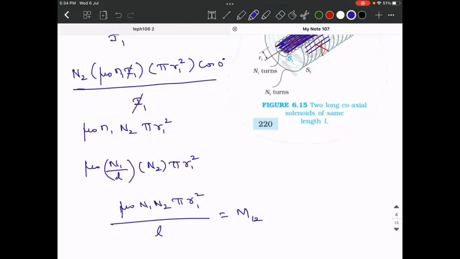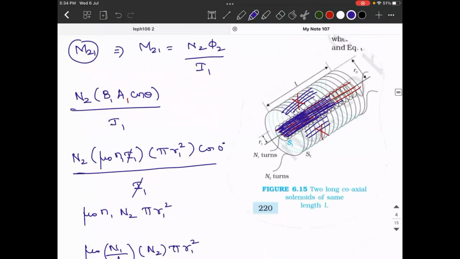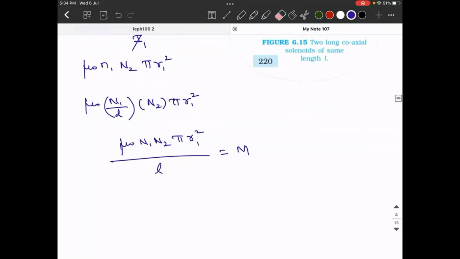Which I'll call M21. So what do you understand from this? M21 and M12 have the same value provided they are both of the same length.